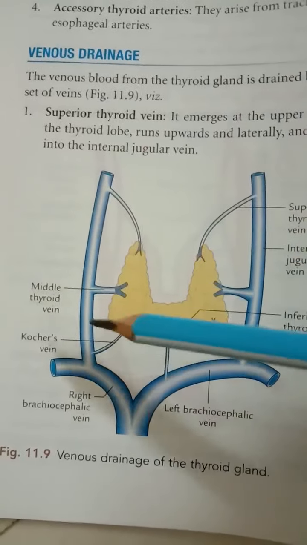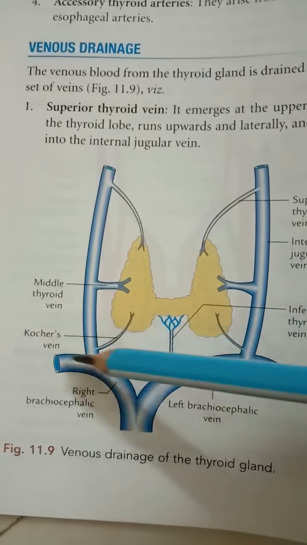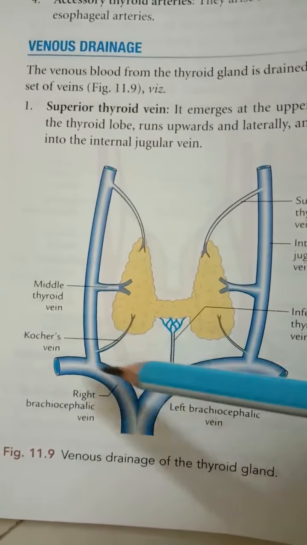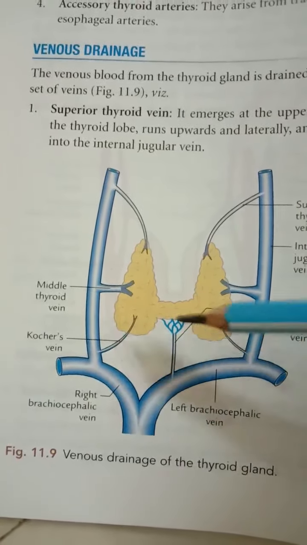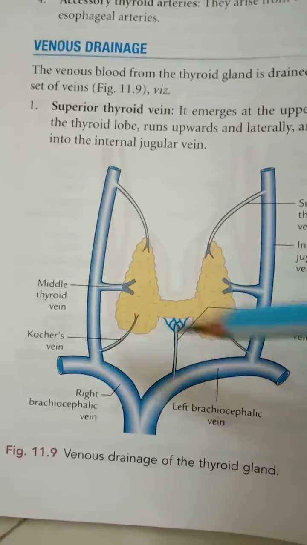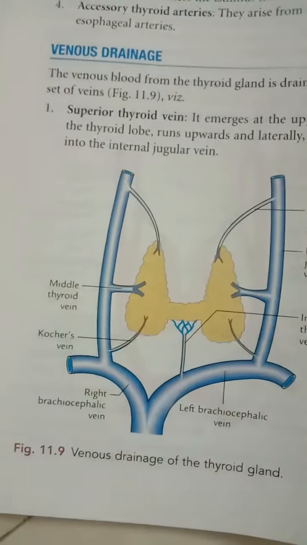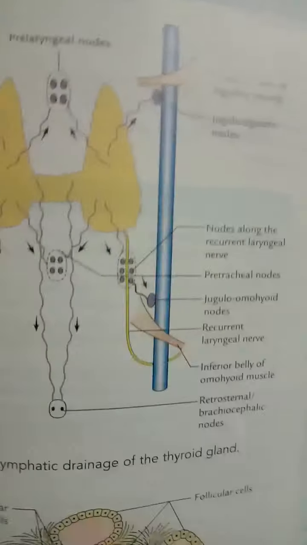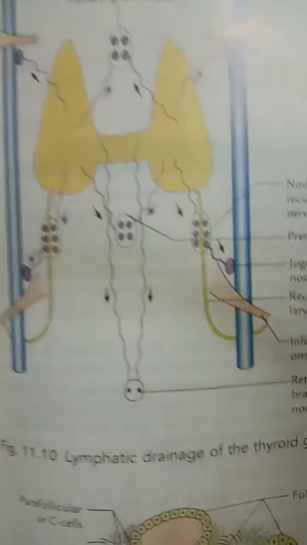And sometimes there is a fourth vein, the thyroid vein, also called Kocher's vein, which emerges between the middle and the inferior thyroid vein and drains into the internal jugular vein.